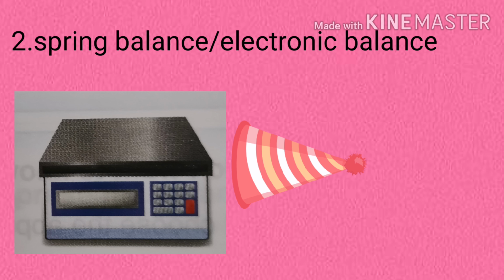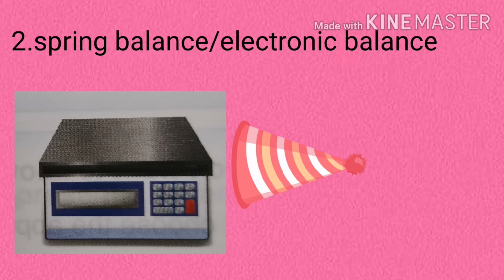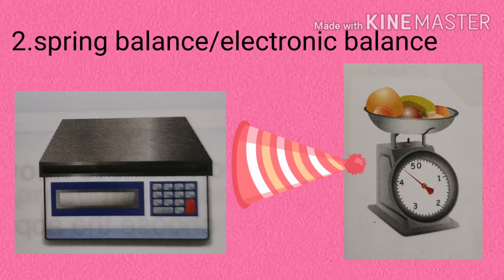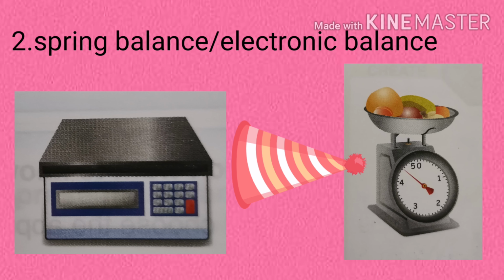For example, if you are going to buy fruits or vegetables, we can use a spring balance or electronic balance to know the weight of the object.